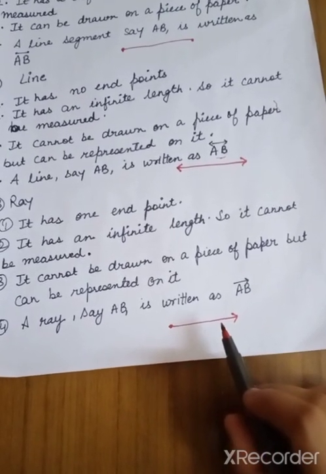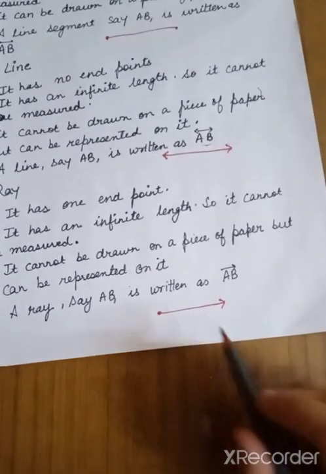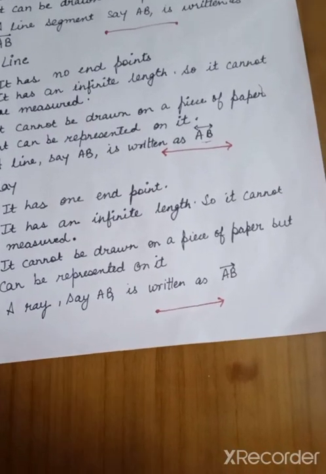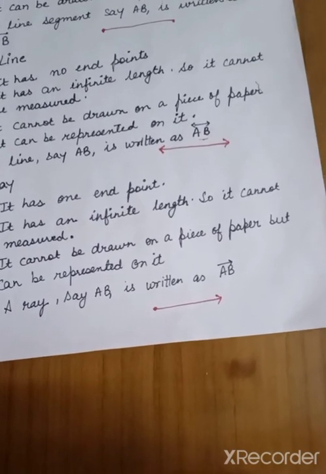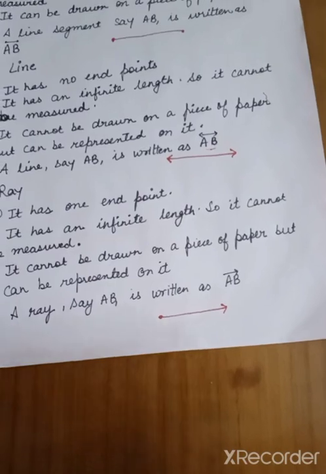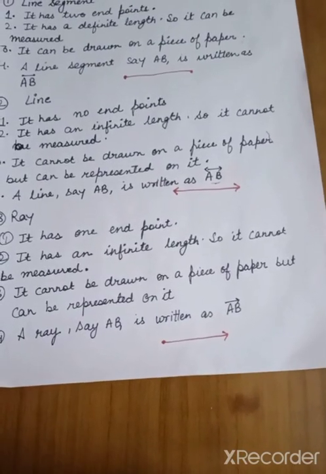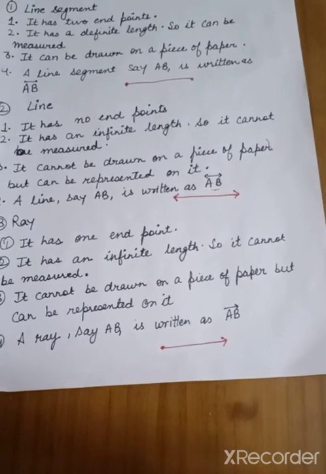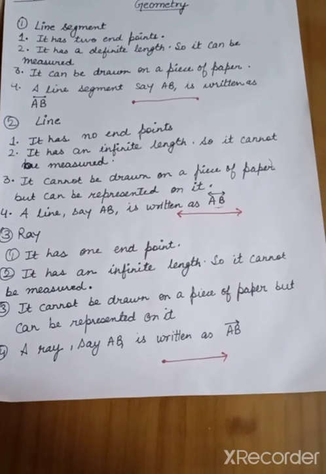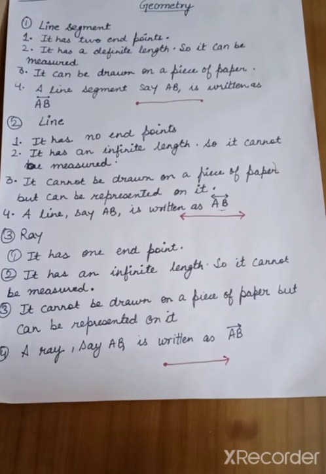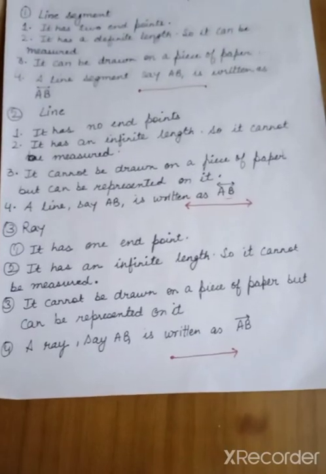If you see a kite flying in the sky, it has one starting point, but it doesn't have an ending point. Like the rays of the sun, from where they start, they have one endpoint at the sun. It does not have a second end. So students, I hope you understand it.